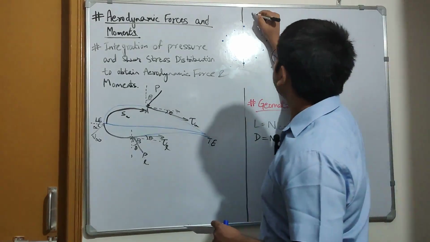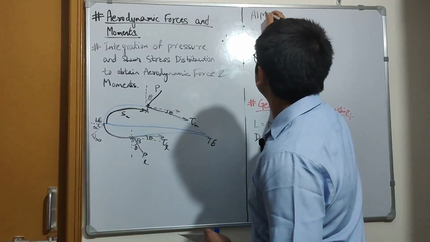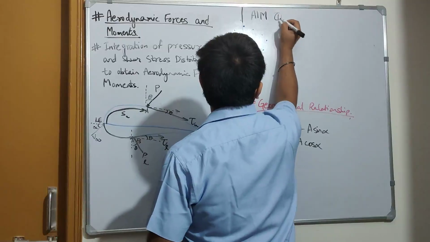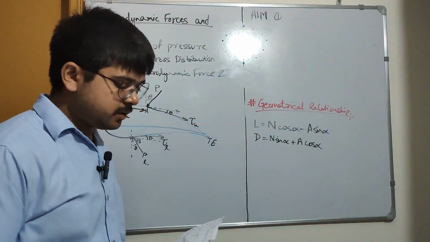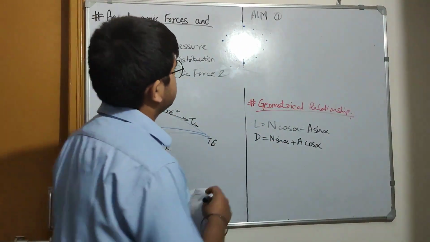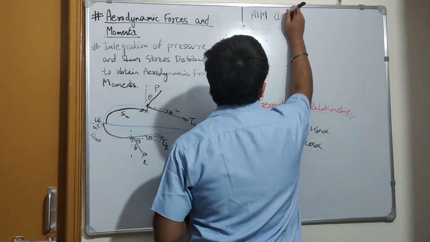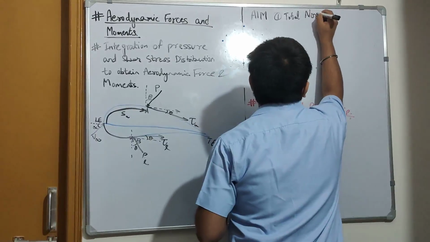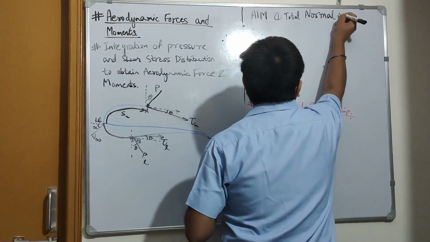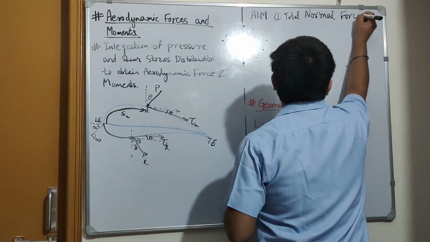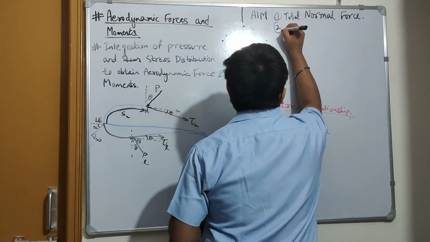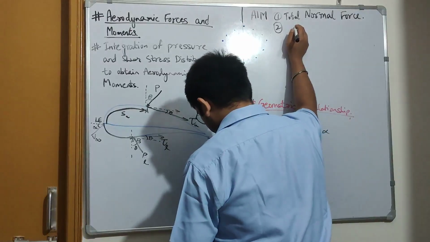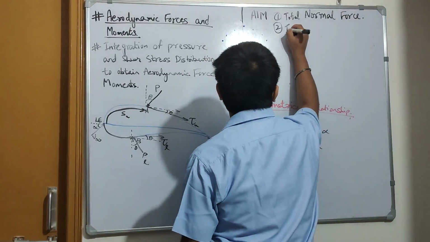Our aim is two things. First, to get total normal force, and second, to get total axial force.